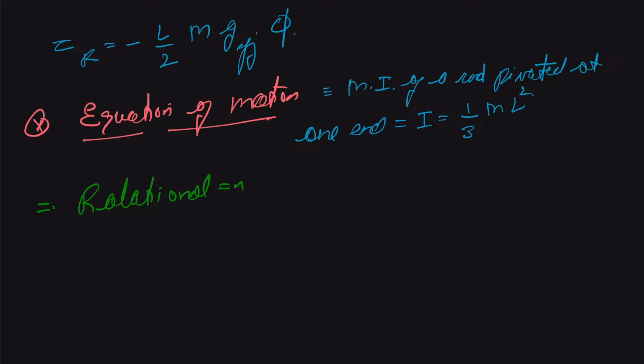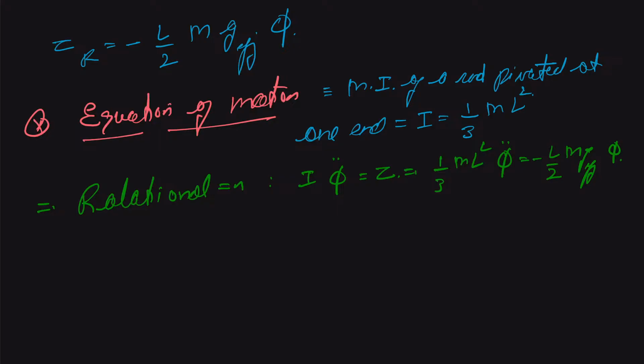The rotational equation will be I phi double derivative equal to torque, and we already know I as well as torque. So I is 1 by 3 ml square, phi double derivative, and torque is minus L by 2 m G effective multiplied by phi.